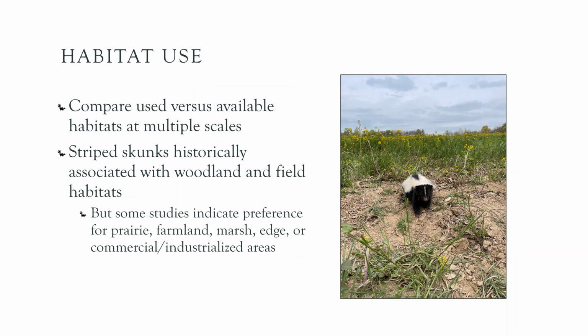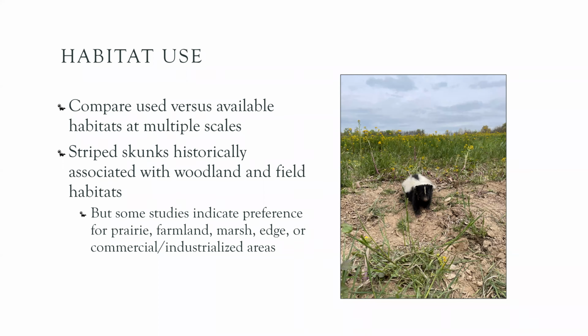When I'm discussing habitat use, I am comparing used versus available habitats at multiple scales. What are they using versus what is there for them to use? Historically, striped skunks have been associated with woodlands and field habitats, but also they exist and persist across this really large geographic range.